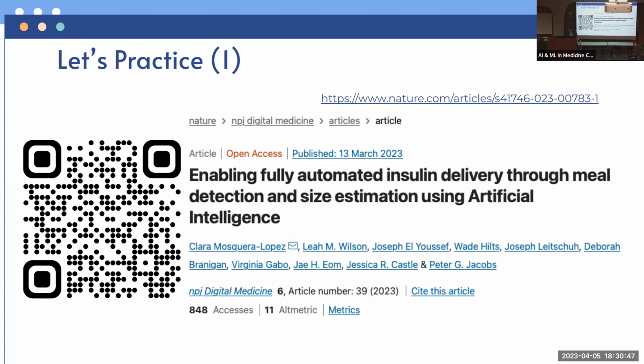Oh, actually, Amir Reza is on top of it. Okay, he's already done this. Those on Zoom, you already have the link from there. And this is the paper on enabling fully automated insulin delivery. Maybe I could have included this in here. That's fine.